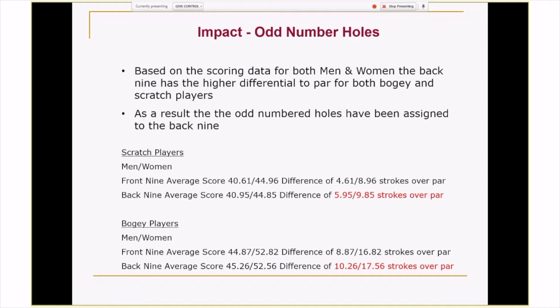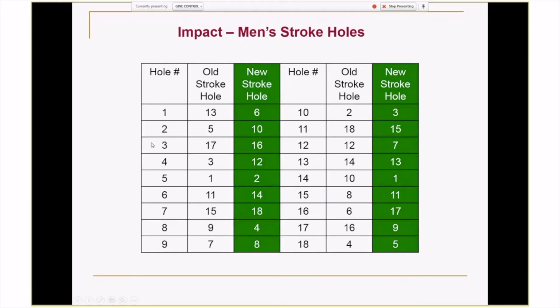And you can see those averages over par, front nine versus back nine for both men and women. The next slide showcases the difference in the big movers there. We can see the old stroke hole in the second column and our new stroke hole in the third column.